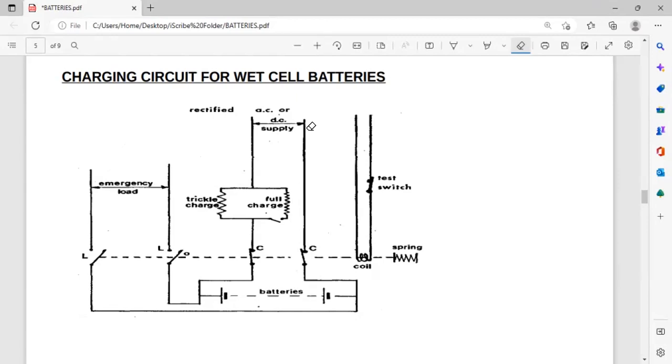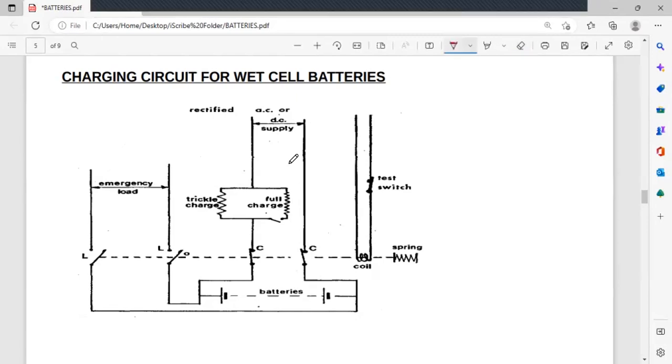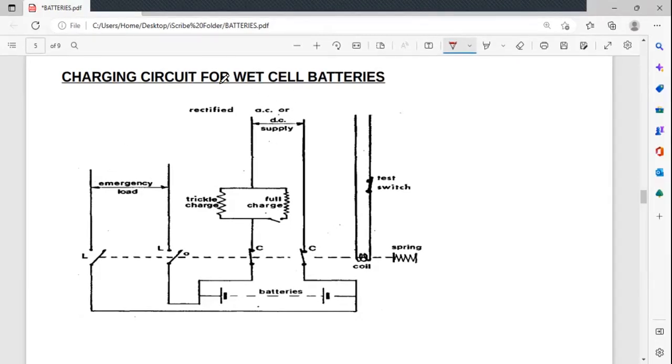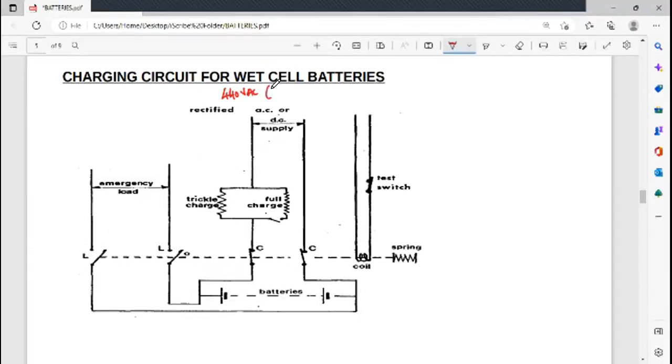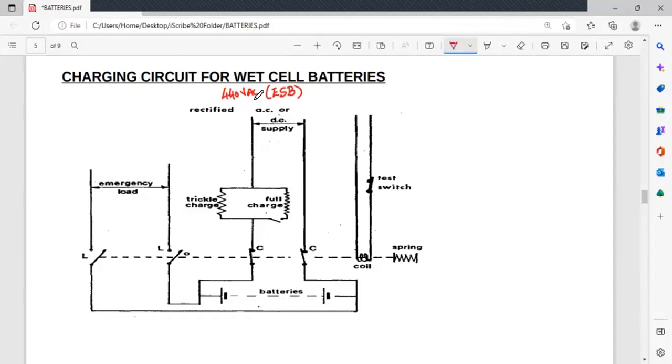So to start off, you can see that you're having a DC supply. Obviously, you're going to get 440 volts of AC, and this will be coming from your ESB. Note, whenever you go to your ESB to test, you will find there is one particular MCCB that is supplying your battery charge and discharge panel. So 440 volts comes over there.